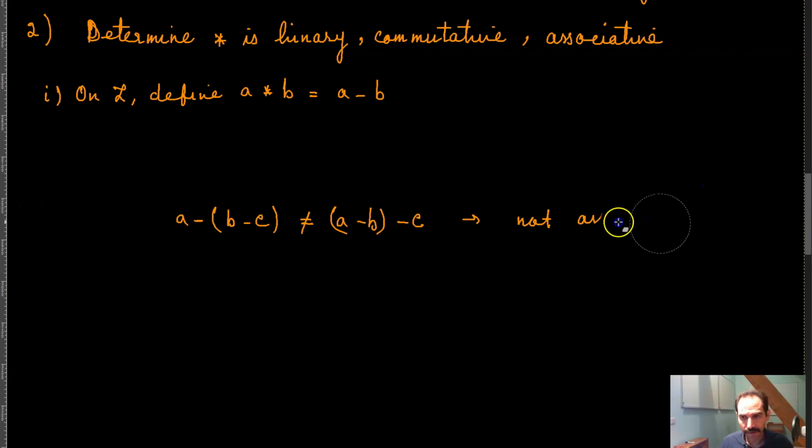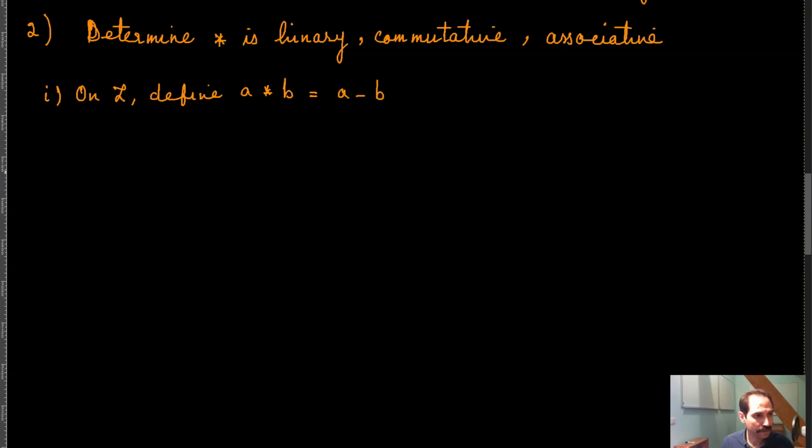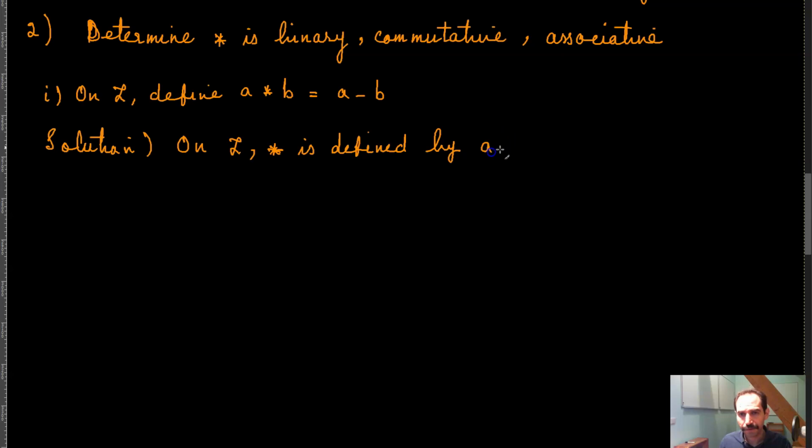The solution is: on Z, star is defined by A star B equal to A minus B, based on what we have here.